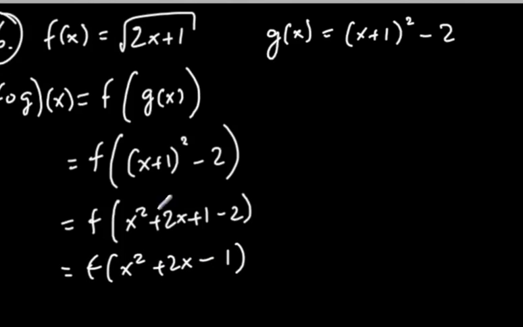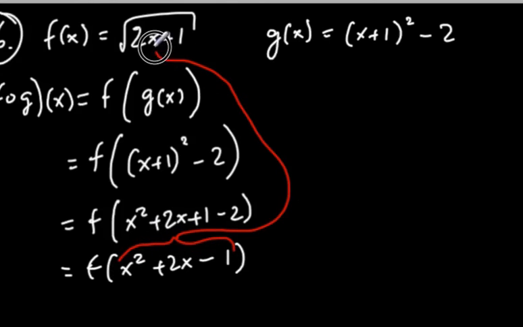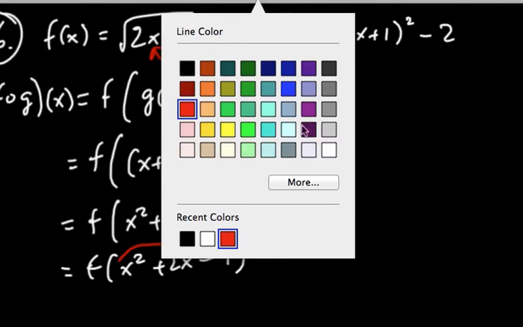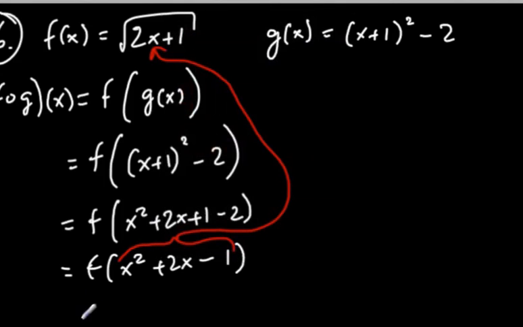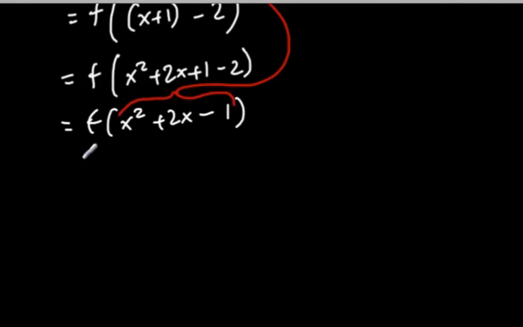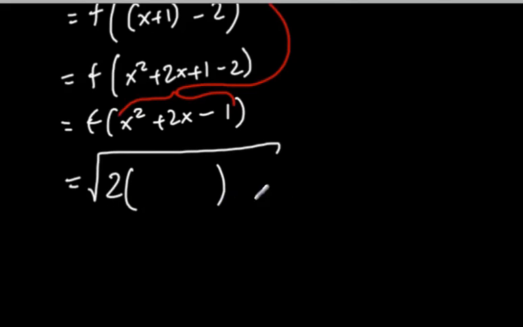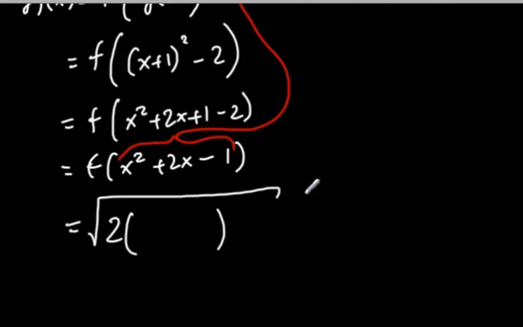And now all we're doing is we're taking this argument right here and we're plugging it right into that x over there. And so if we want to do that, we just go down a bit further. So it's going to be the square root of 2 something, and let me just go back, see what the function is. Right, plus 1. So the something inside is simply x squared plus 2x minus 1.